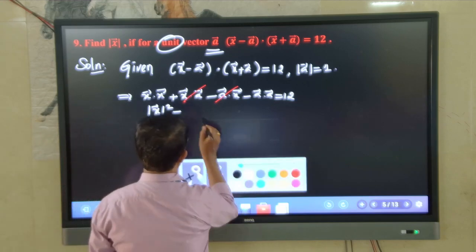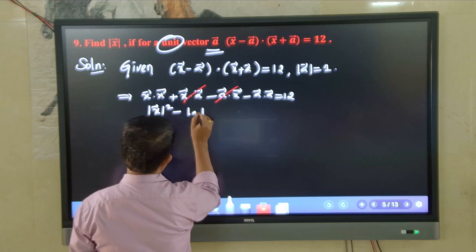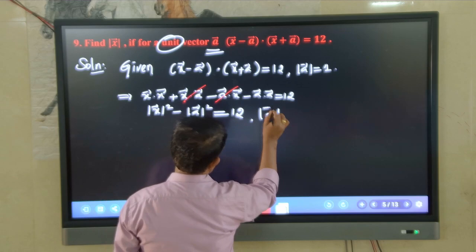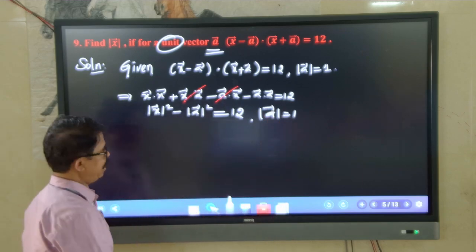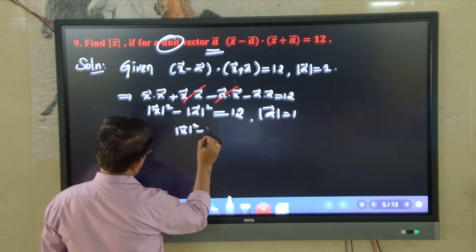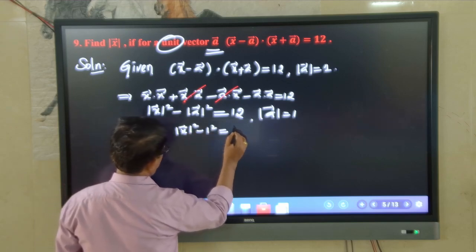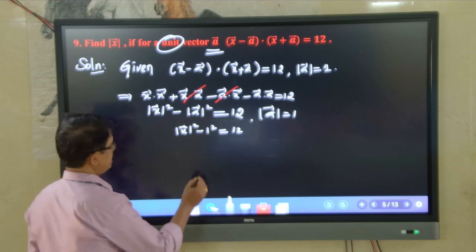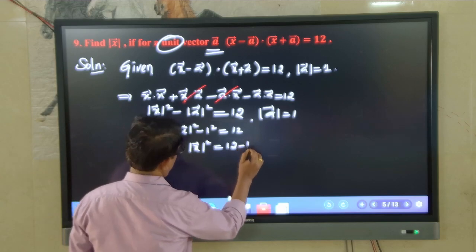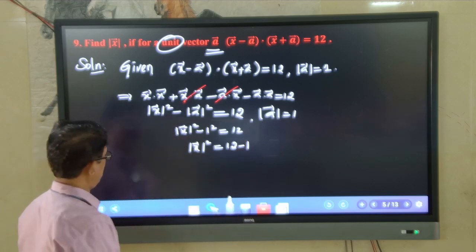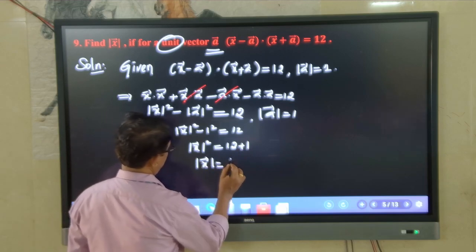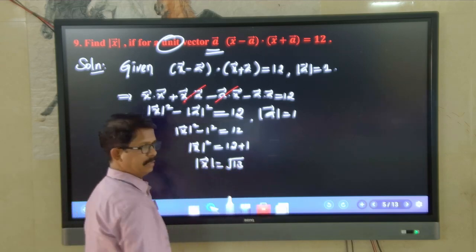Then what is next here? Minus a dot a, modulus of a vector square, equal to 12. What are they given? It is a unit vector. Then replace here: modulus of x vector square minus 1 square equal to 12. Then x vector square equal to 12 plus 1. Then modulus of x vector equal to square root of 13. That's it.